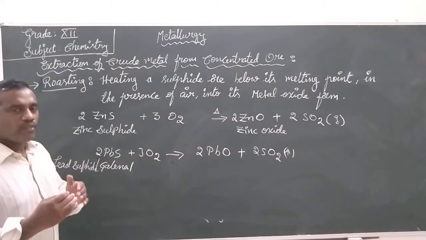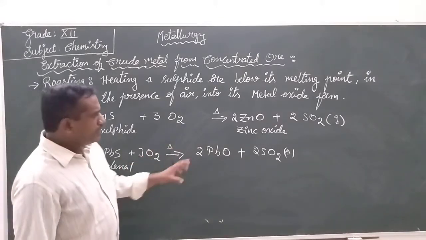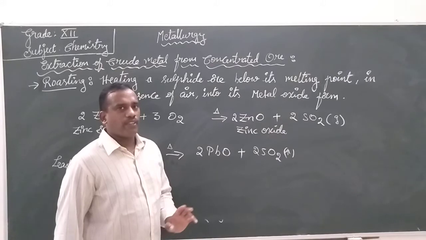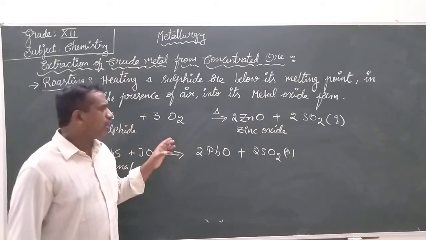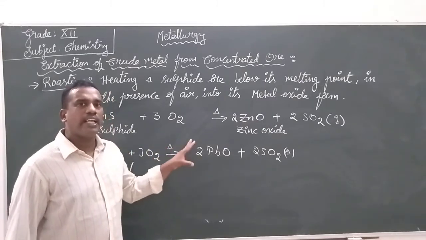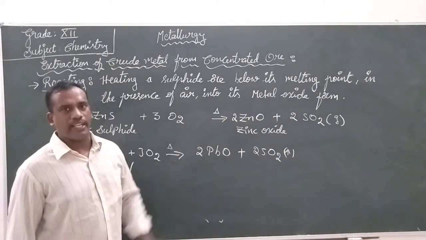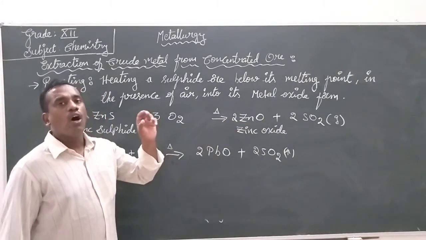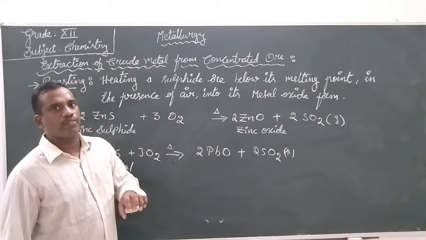But here there is a main point to be observed. These oxides, in which cases have we studied them? In the case of calcination or in the case of roasting. The common product is the oxide. From them we need to get our metal. We will discuss now how to get the metal from the metal oxide.